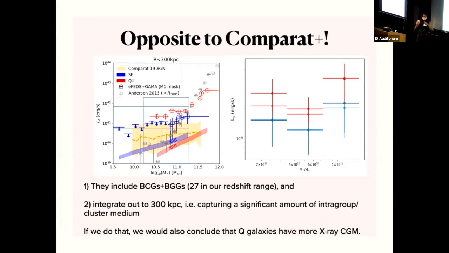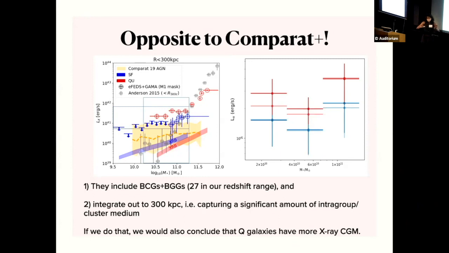One is that they made the choice not to mask out a group or cluster if it was in the same redshift range as the galaxy sample that they had. In other words, they said, if a galaxy we have is a member of a group or a cluster, we would like to know about its group or cluster environment.